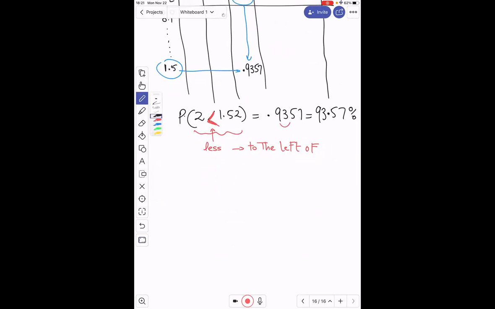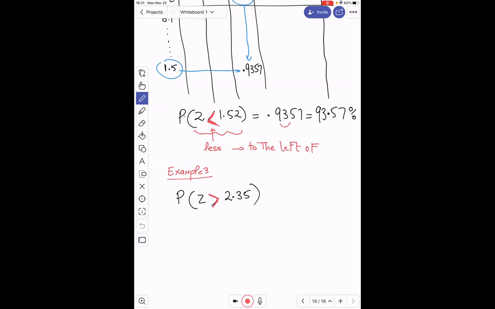Okay. Now, let's say I want to find, so this is example number 3, the probability that z is larger than, let's say, 2.35, for example. This symbol here is larger.